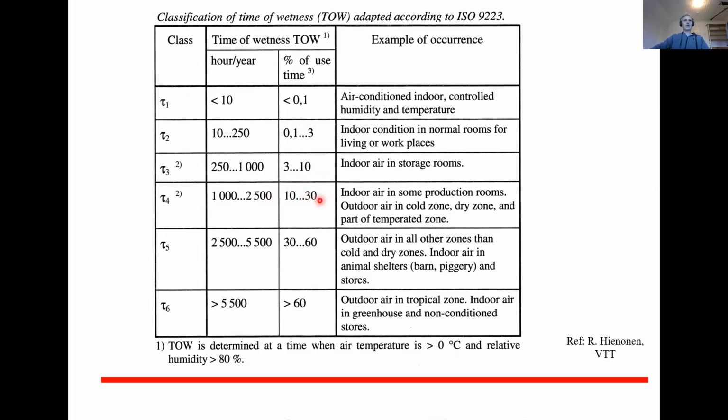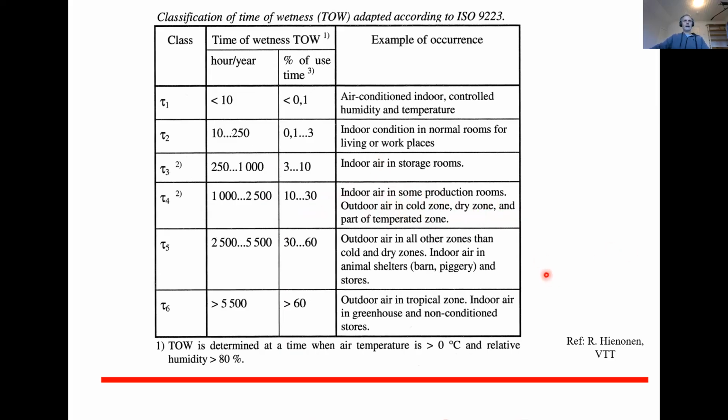Then 10 to 30, for example, outdoor dry zones, meaning somewhere where typically the humidity level outside is not that high, like in Finland, for example.